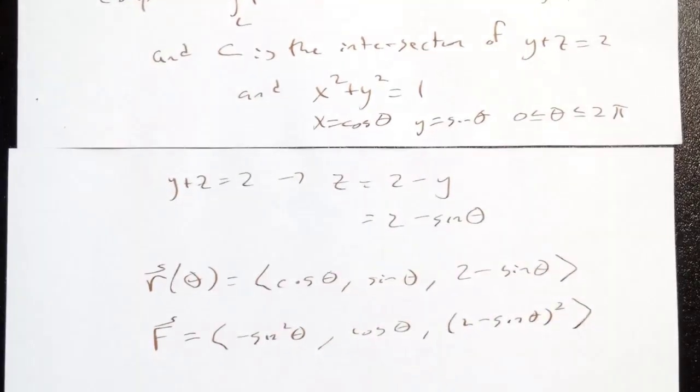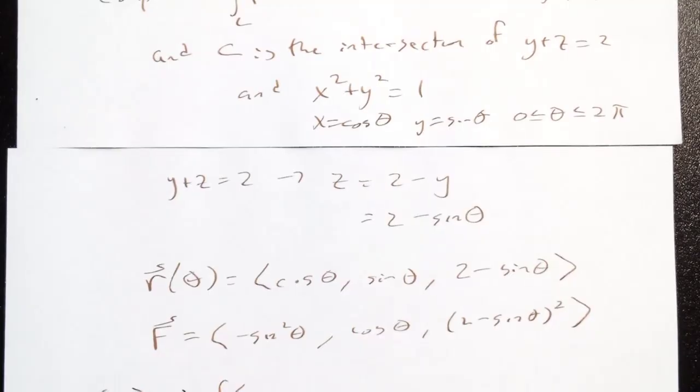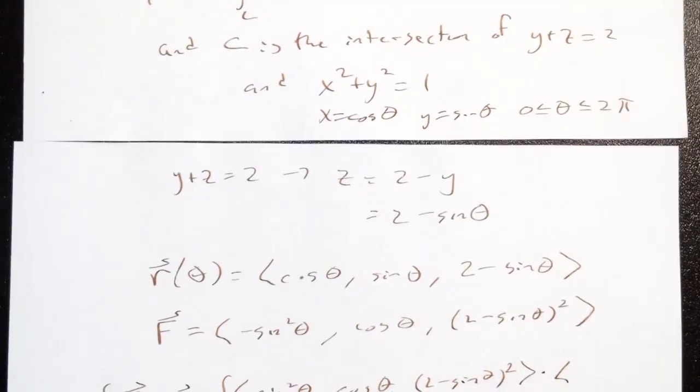And I'm going to do the integral of f dot dr. That's the integral of minus sine squared theta, comma, cosine theta, comma, 2 minus sine theta quantity squared, dot dr.